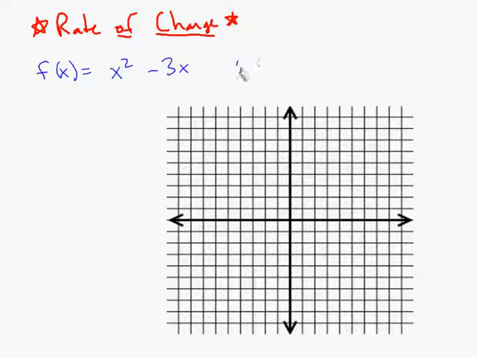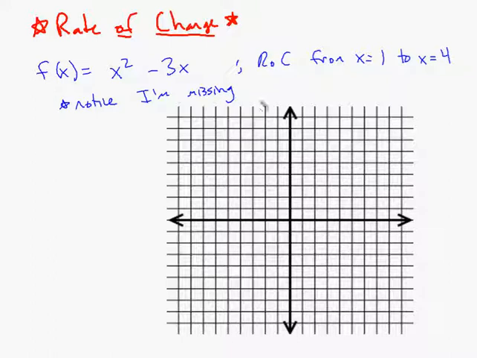And I want to find the rate of change from x equals 1 to x equals 4. Notice I'm missing what? The y values.